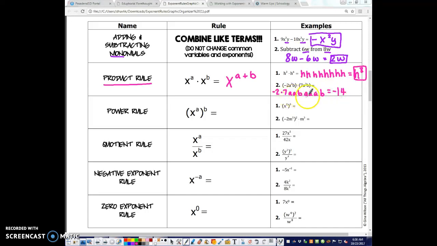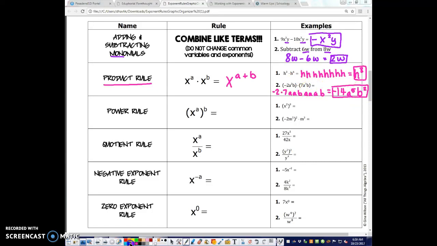And then we have 1, 2, 3, 4, 5 a's. And we have 1, 2 b's. Now, that would have also worked with negative 2 times 7, negative 14. Always do the whole numbers first. Then a squared times a to the 3rd, 3 plus 2 is 5. Then b times b makes 2. Okay? So that's how that works.